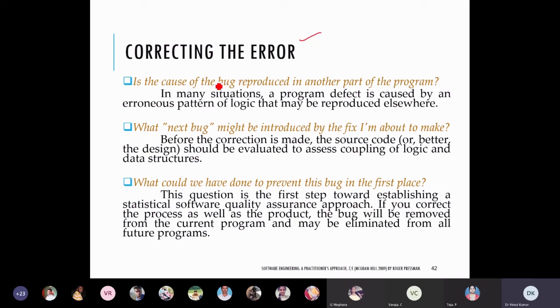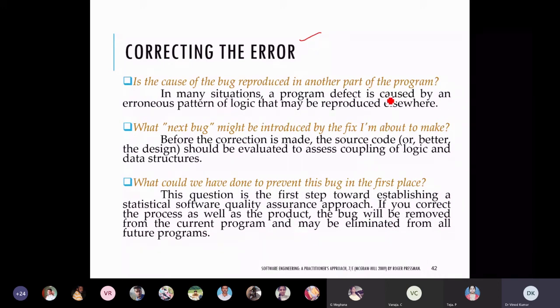So in correcting the error, what question will we ask? Is the cause of the bug reproduced in another part of the program? That we will check. In many situations, a program defect is caused by an erroneous pattern of logic that may be reproduced elsewhere.